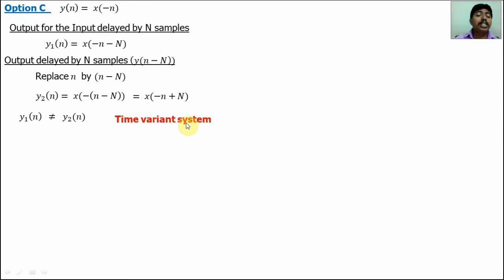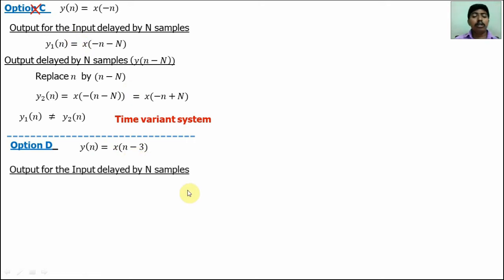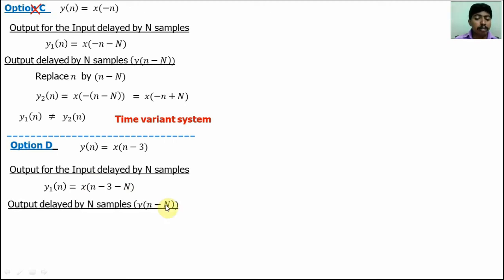Finally, we will check option D. Option D system is y of n is equal to x of n minus 3. So apply the concepts. Output for the input delayed by n samples. Here input is x of n minus 3, delayed by n samples. So we will get y1 of n is equal to x of n minus 3 minus n, delayed by n samples. Now find the output delayed by n samples, y of n minus n, from this equation.